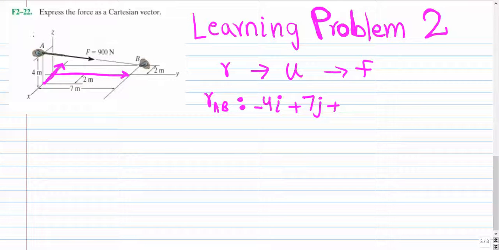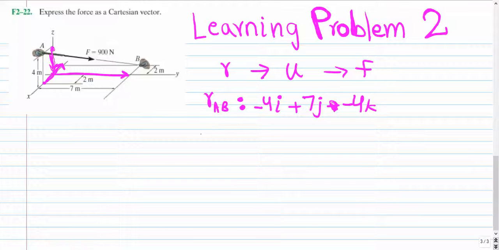Sorry about that. It moves downwards 4 meters. So this component is also going to be negative. So negative 4k.